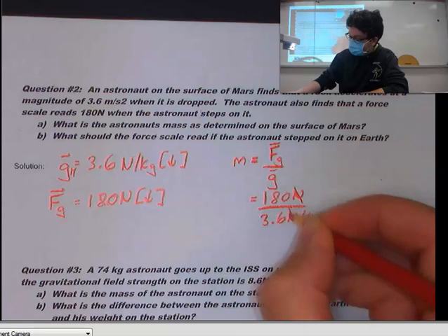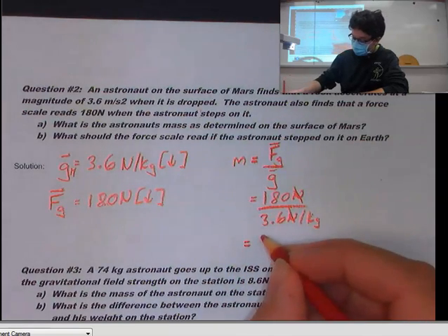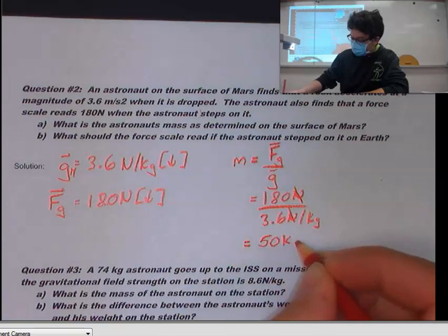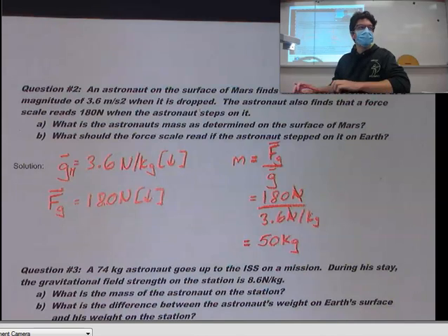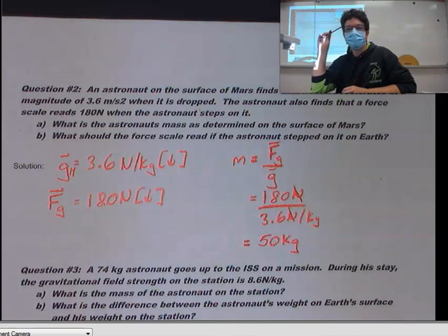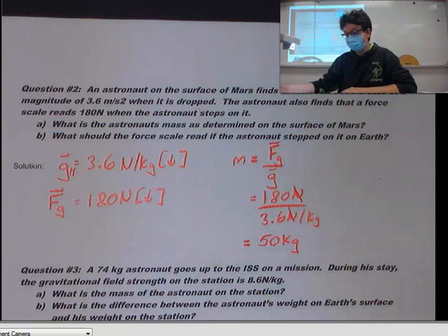You'll see newtons cancel and you'll get an answer in kilograms, which is 50 kilograms. Now, you guys are probably still used to thinking about your mass in pounds. So when you see that, you might not know if that's a lot or not. It's actually not a lot. That's a really tiny astronaut.